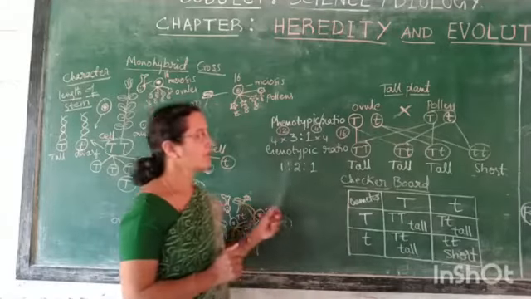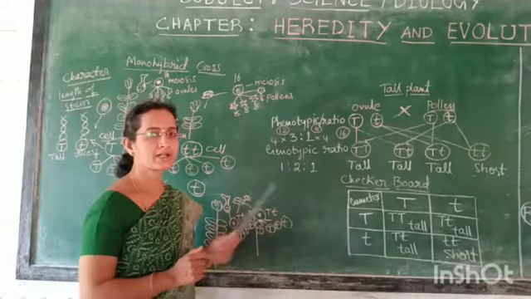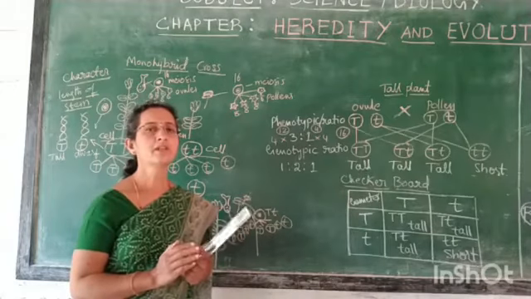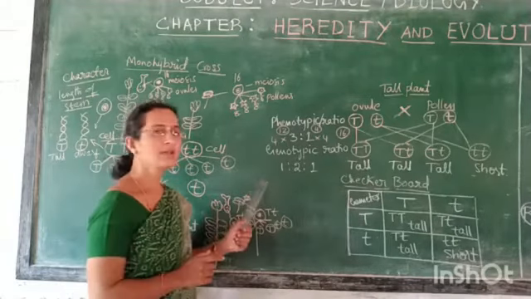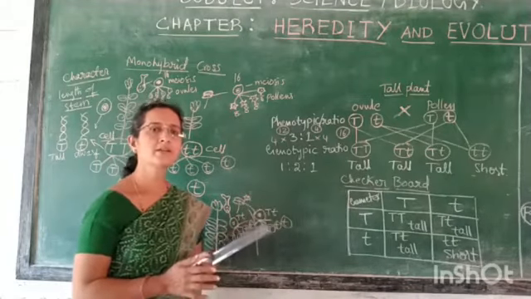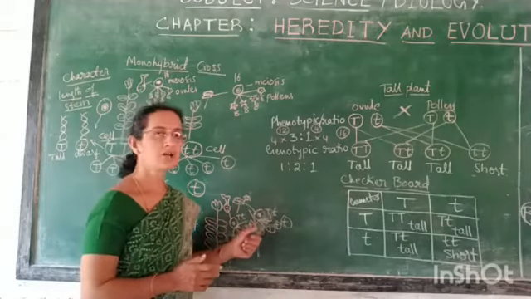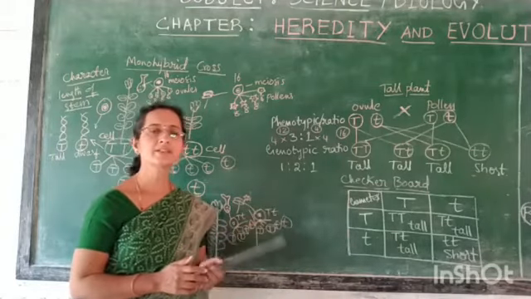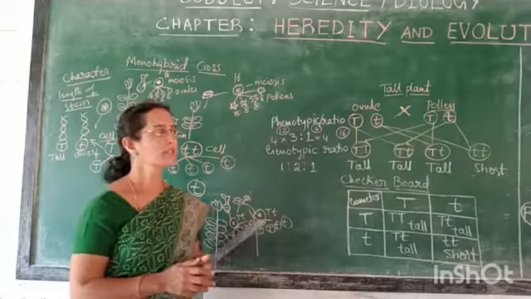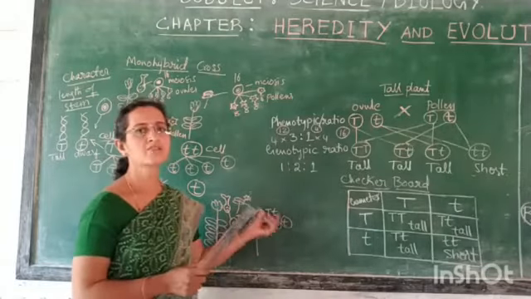Here we observe only one character, that is the length of the stem. The tall character of the plant is always dominant, whereas the short nature of the plant is always recessive. So this is the conclusion of Mendel's first experiment.